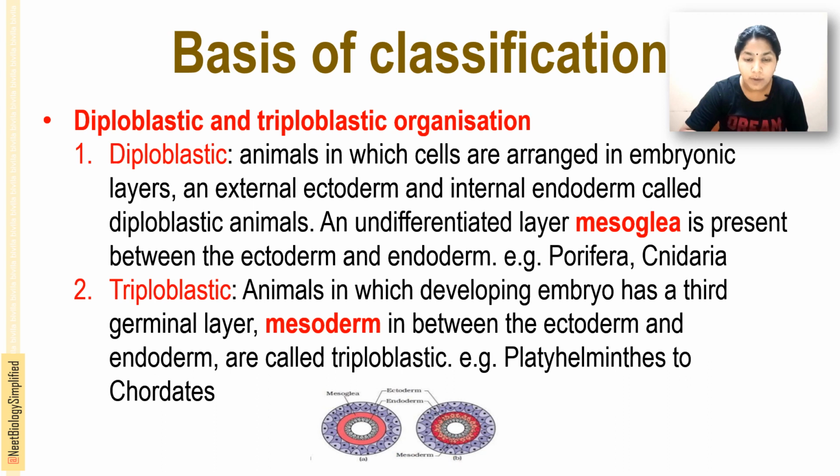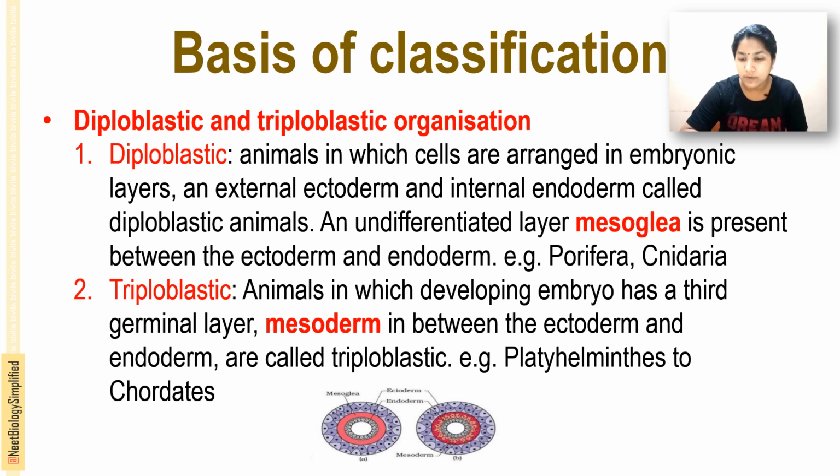In the diploblastic organization, as the name indicates, animals in which the cells are arranged in the embryonic layers, there will be an external ectoderm and an internal endoderm, that is called diploblastic animals.